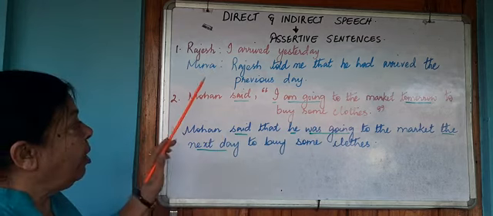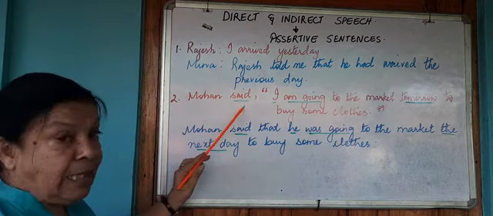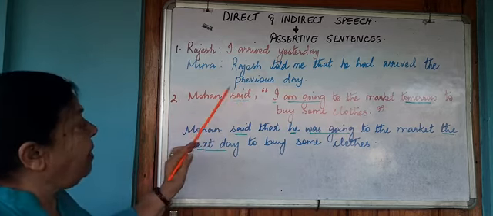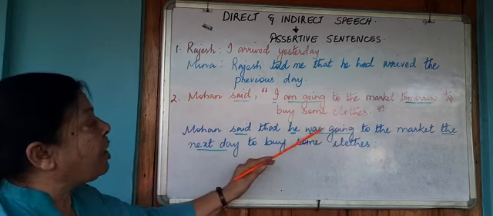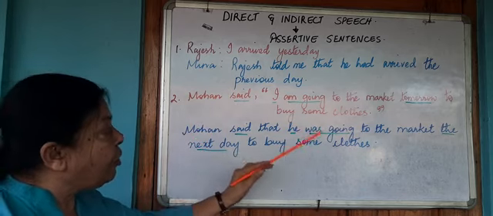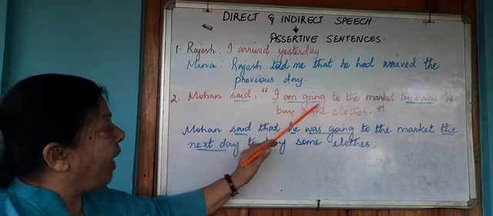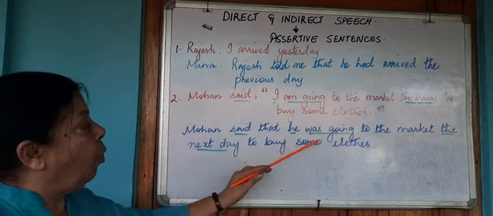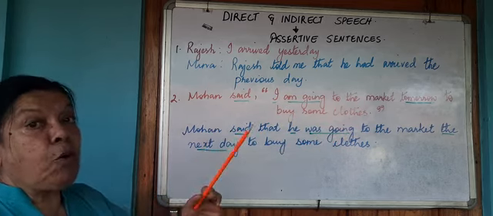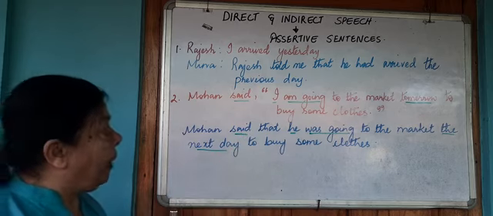I repeat, when the reported verb said is in the past tense, the verb in the reported speech undergoes a change. So, am going has changed to was going. That's one rule which we will remember.